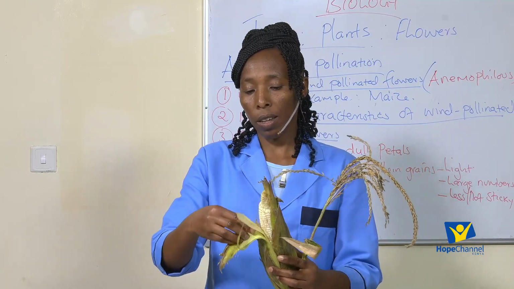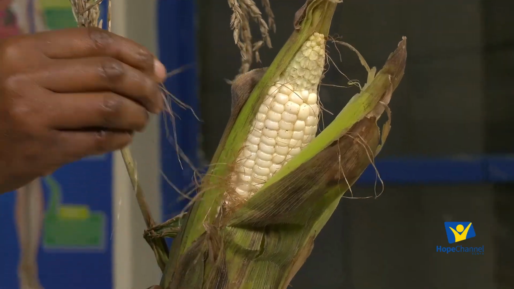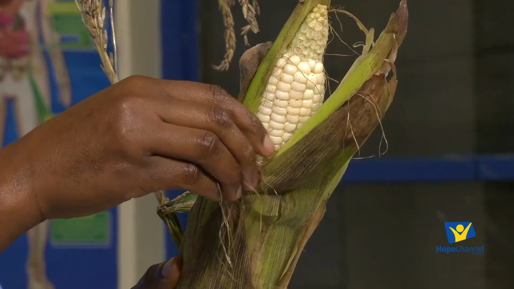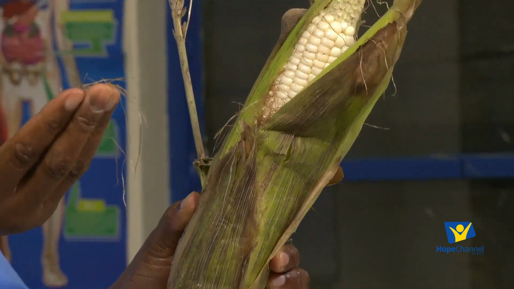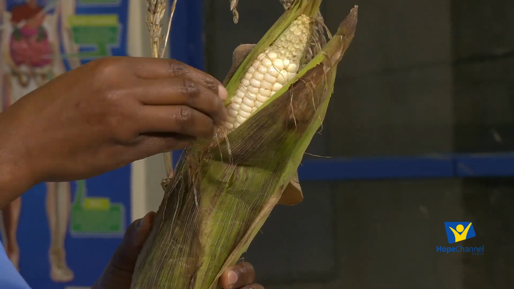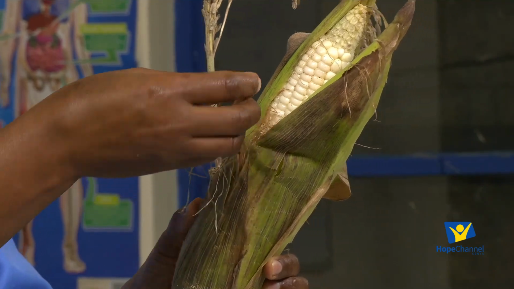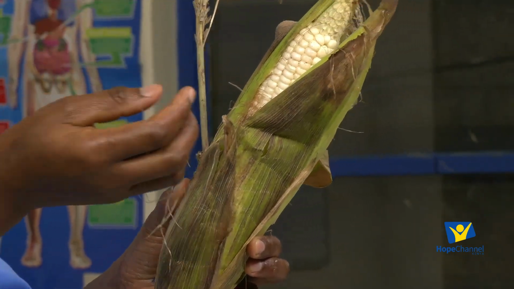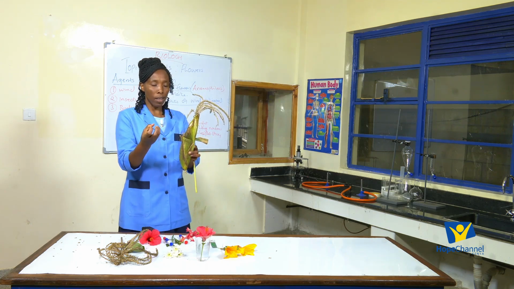That's why you can see this part. These ones are the ones that form the stigma. They are usually feathery, and usually they hang outside the flower. Why do they hang outside the flower? So that they can easily receive the pollen grains.